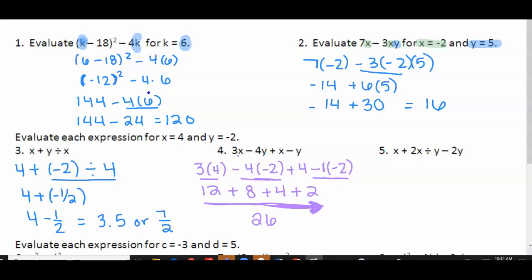And number 5, x is 4, plus 2 times 4 divided by negative 2 minus 2 times negative 2. Left to right, you start by multiplying.